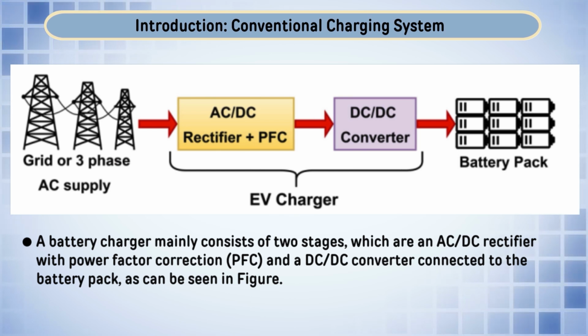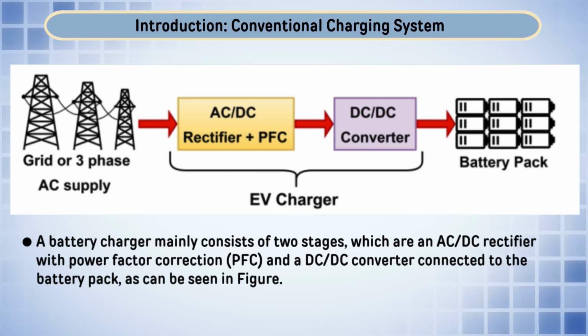Basically, if we are talking about level 1, level 2 charging, or slow charging, we have on-board chargers with the electric vehicles, and these units include a rectifier along with the DC-DC converter. The responsibility of the AC-DC converter is to convert the AC supply into DC, and the voltage and current at the DC bus and the battery current are regulated using the DC-DC converter.